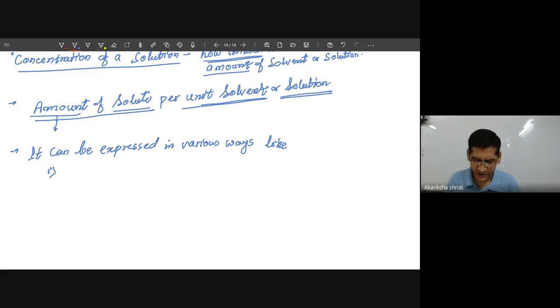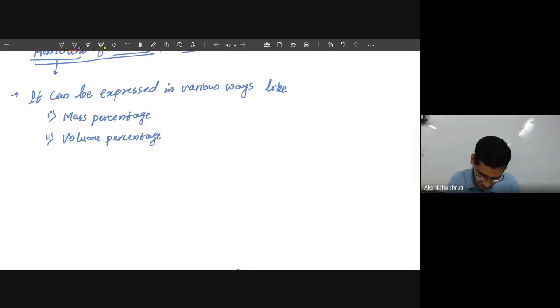So mass by mass percentage of solution, or simply mass percentage, or the second one is your volume percentage. The next ones, you just write them, but they are not going to be asked.